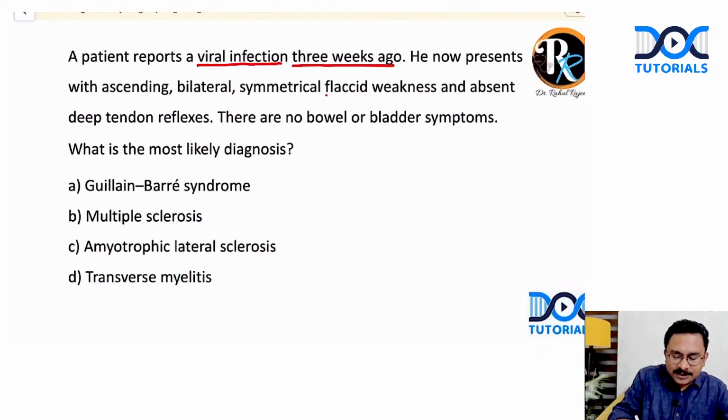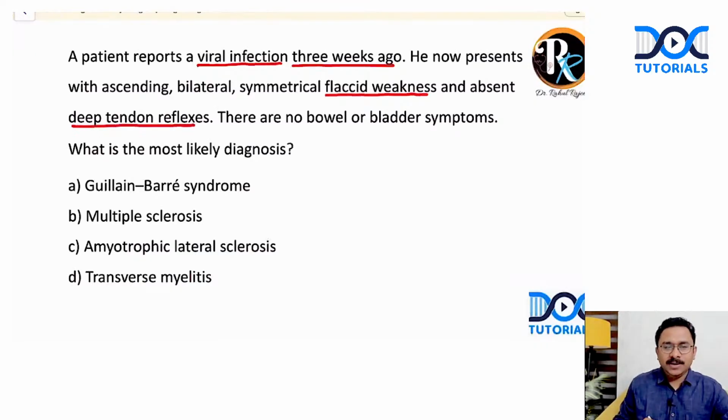Look at this, it is flaccid weakness. So flaccid weakness means what? UMN weakness or LMN weakness? LMN weakness, right? And we know that in Guillain-Barré syndrome, you can have absent deep tendon reflexes. And the description is the typical pattern of GBS, that of the ascending type of weakness, which starts in the lower limb and subsequently may involve the upper limbs, right?